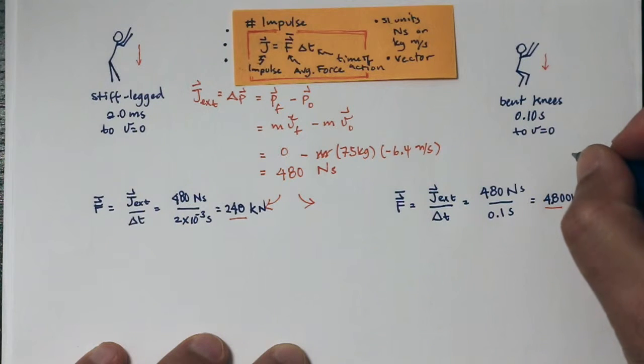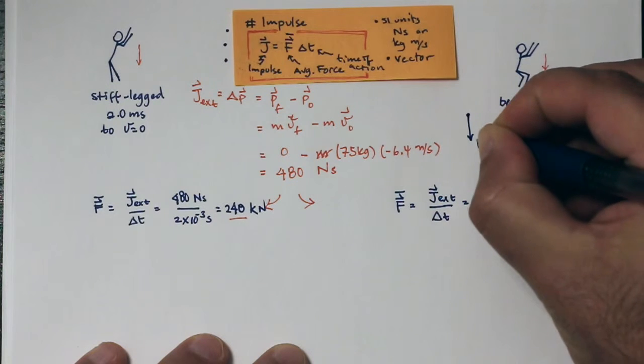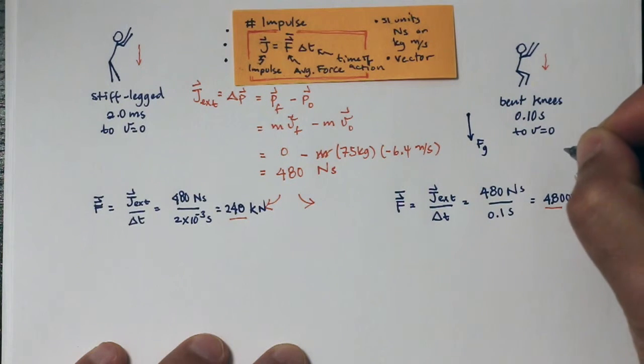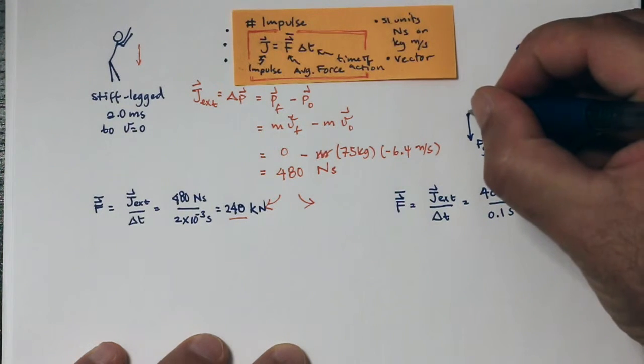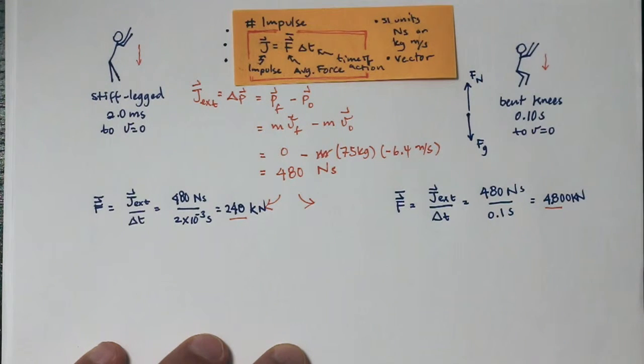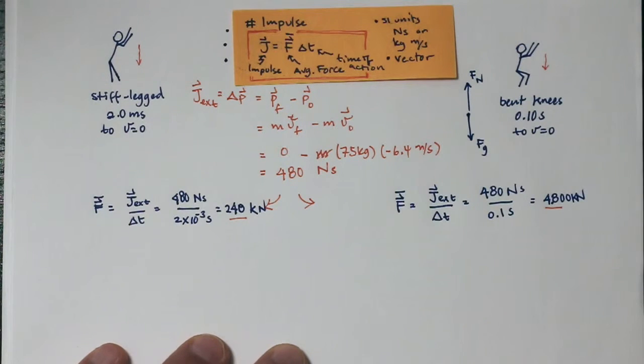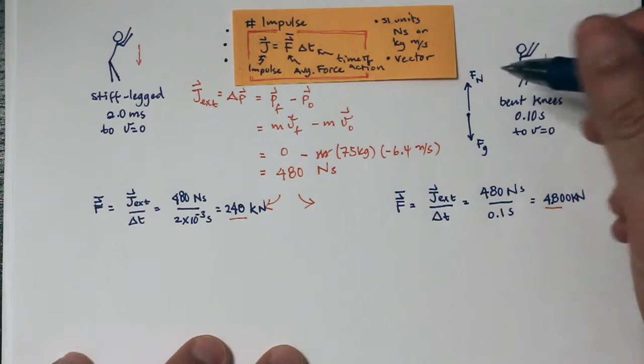So if I draw a free body diagram in both cases, there's the force of gravity acting on the person, and there's the normal force of the ground responding. And these two together give me this net average force when I add them vectorially.